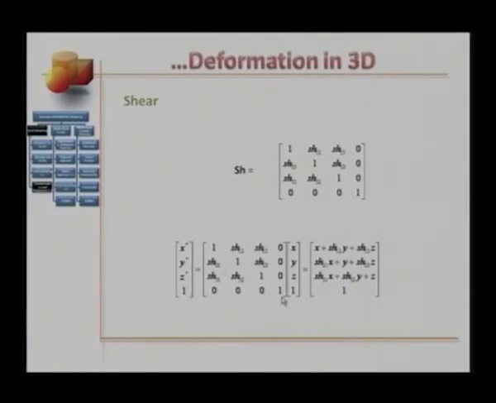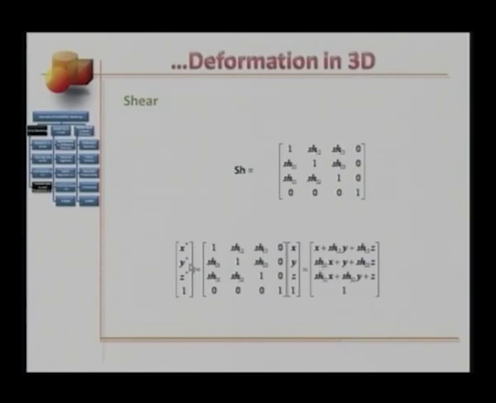This multiplication is quite straightforward, and once you multiply, you would see that the first entry x star corresponds to x plus sh sub 1 2 times y plus sh sub 1 3 times z, making these two non-zero entries affecting the shear along the x direction.